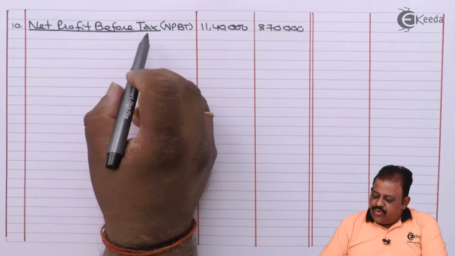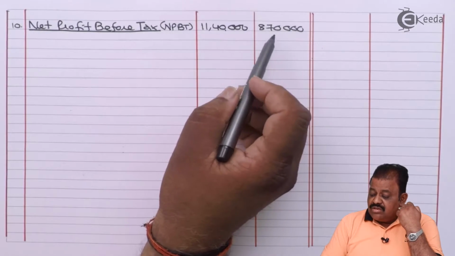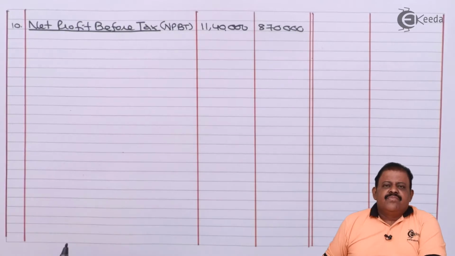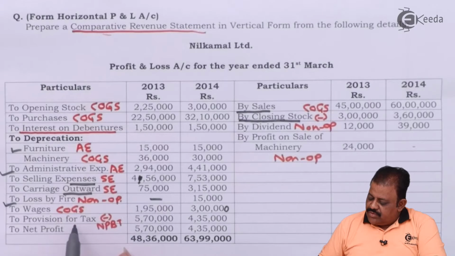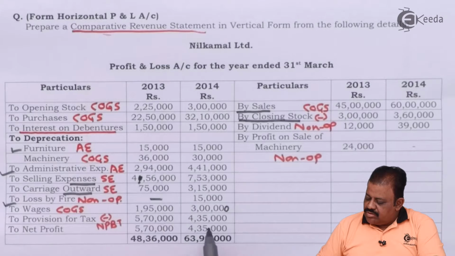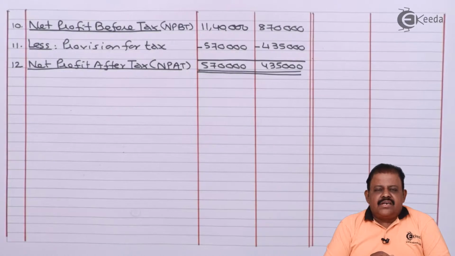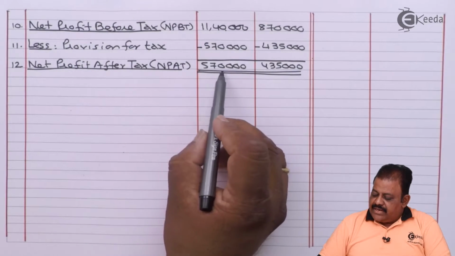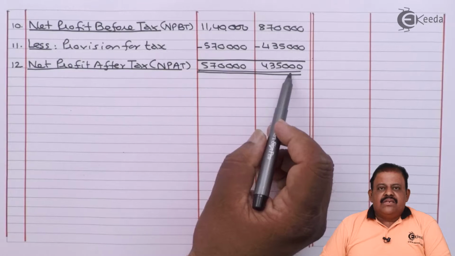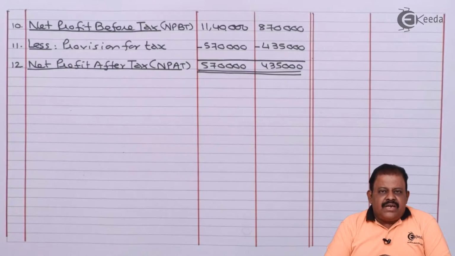Net profit before tax 11,40,000, 8,70,000. From this we are required to deduct provision for tax. Provision for tax 5,70,000, 4,35,000. After deducting provision for tax, we got net profit after tax 5,70,000 and 4,35,000. We have completed vertical income statement.